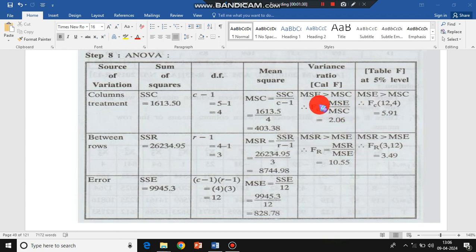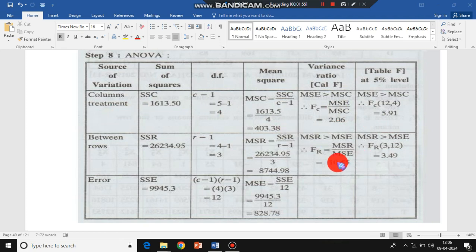The calculated value of F column wise, we got 2.06. Table value of column wise, we got 5.91, and here the calculated value of F is less than the table value of F. Therefore we accept the null hypothesis for column wise.